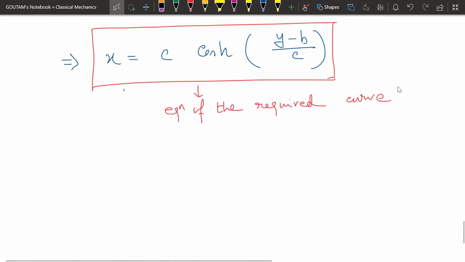So this curve has a special name. It is called the equation of catenary.